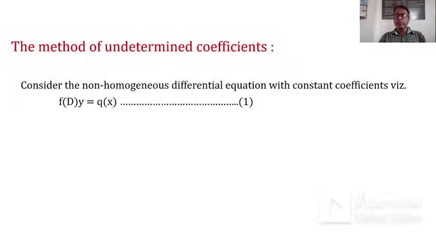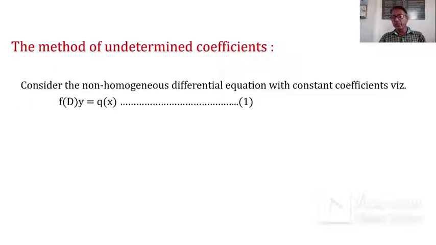This method is based on which assumption? Try to understand. This method is based on the assumption that this Q of x is a solution of a homogeneous linear differential equation with constant coefficient.